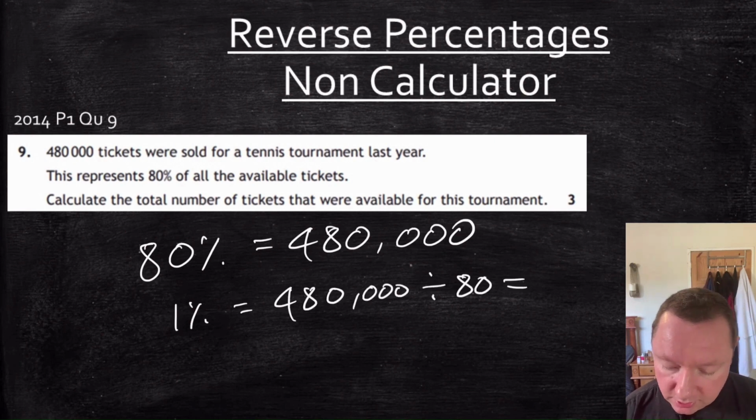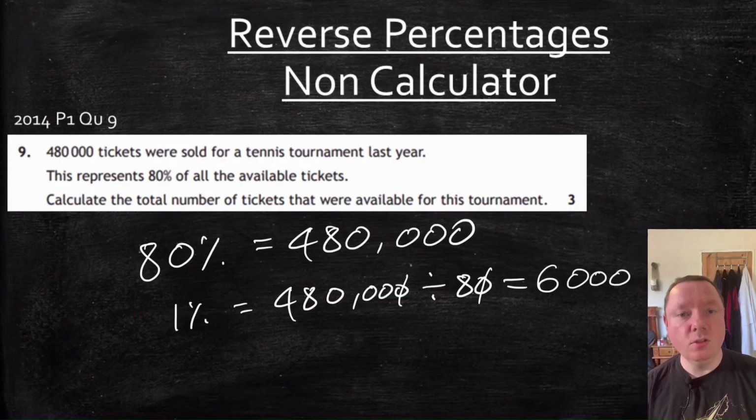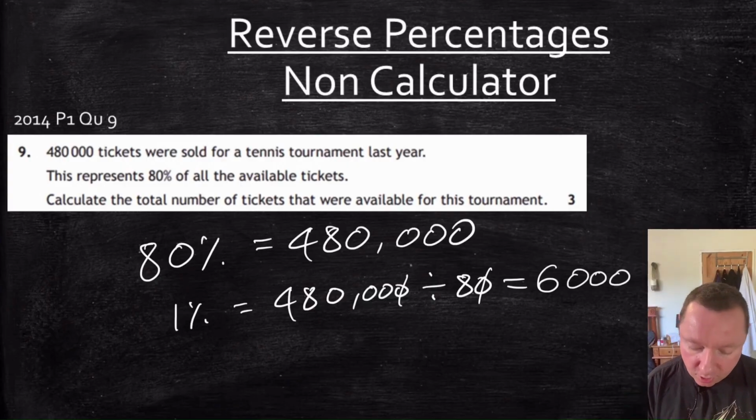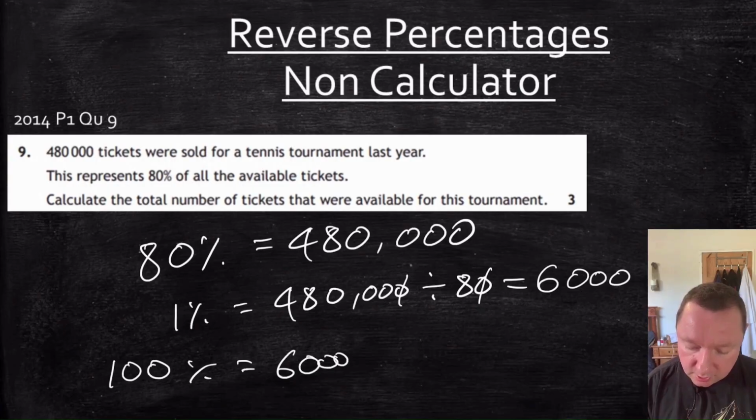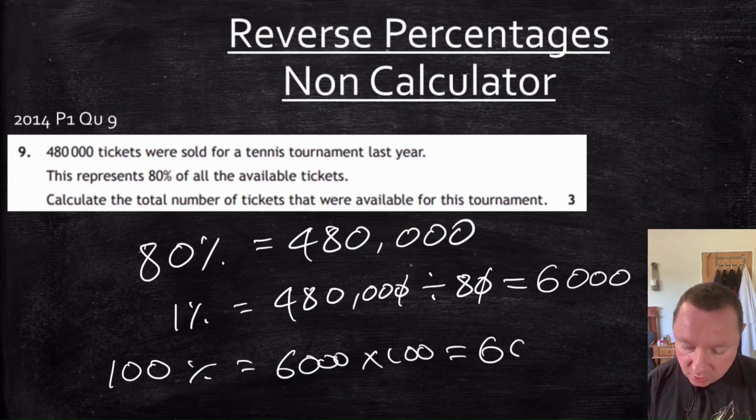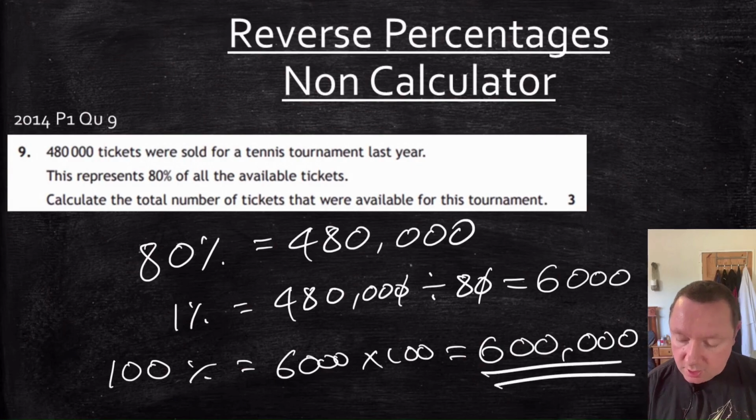So I can knock a 0 off straight away. 8 sixes is 48. 1, 2, 3 zeros left over. So I've got 6,000 for 1%, and therefore 100%, just times them by 100. Making sure I get all my zeros in, 600,000. And there we are.